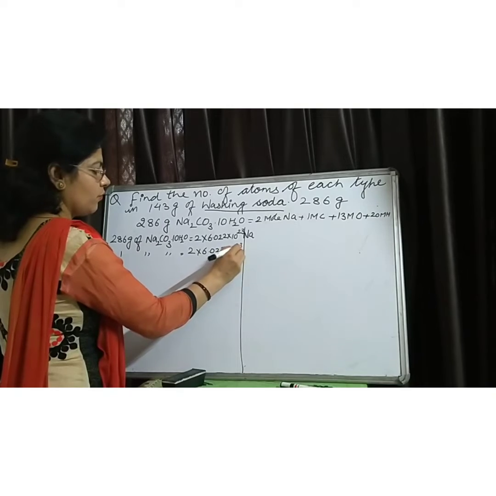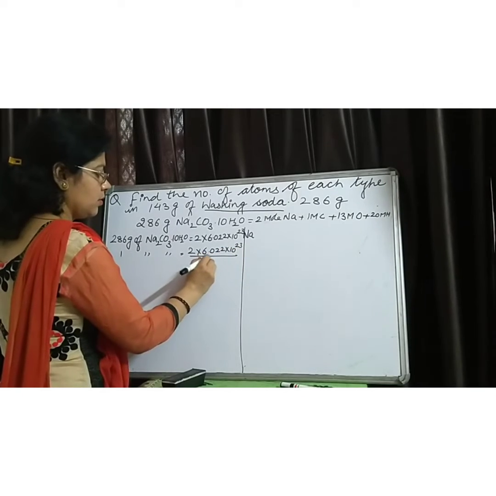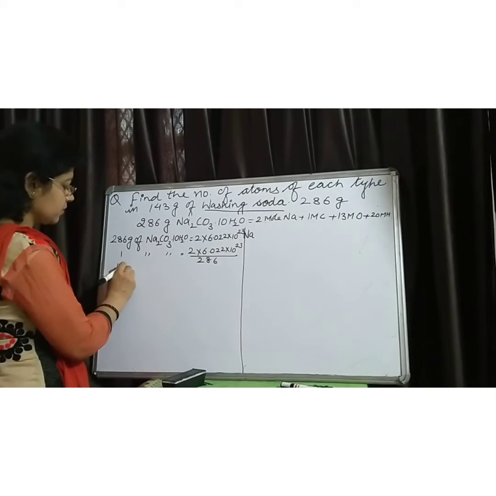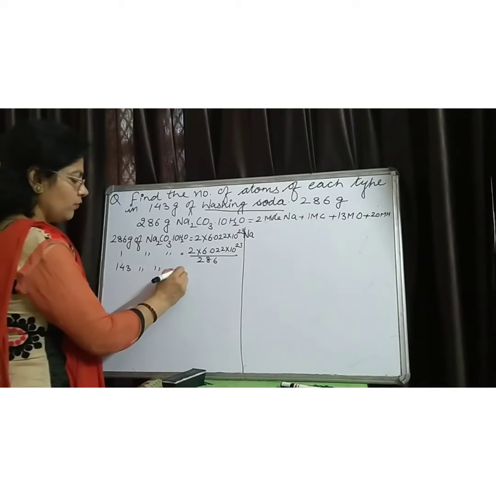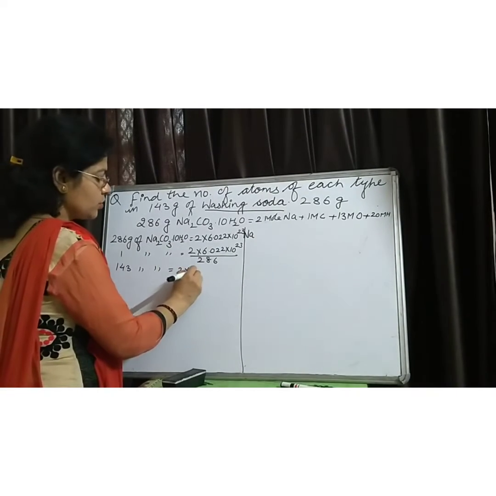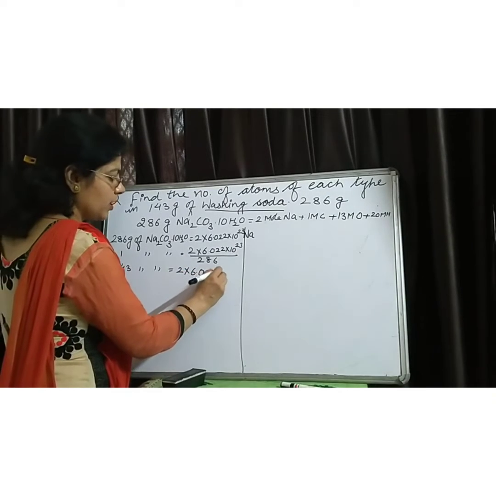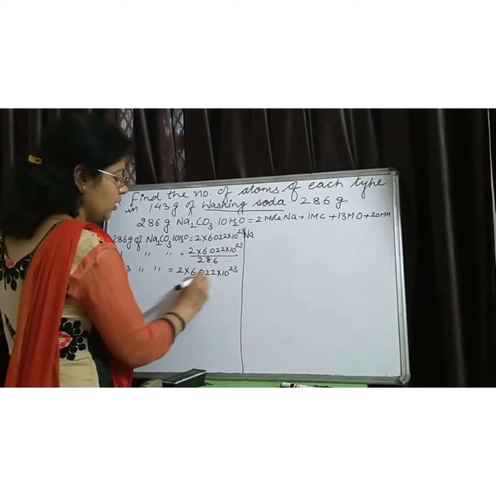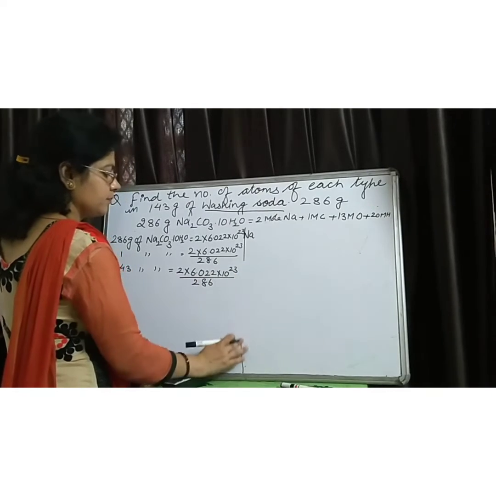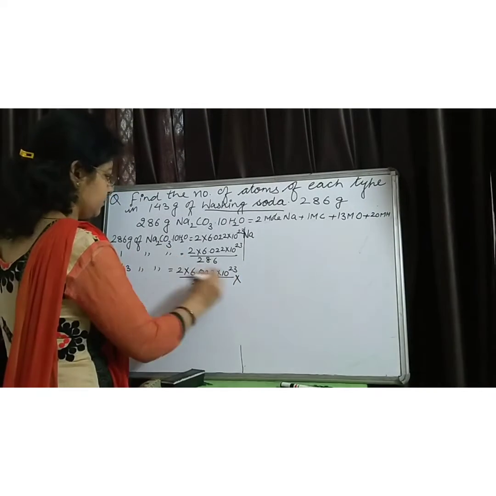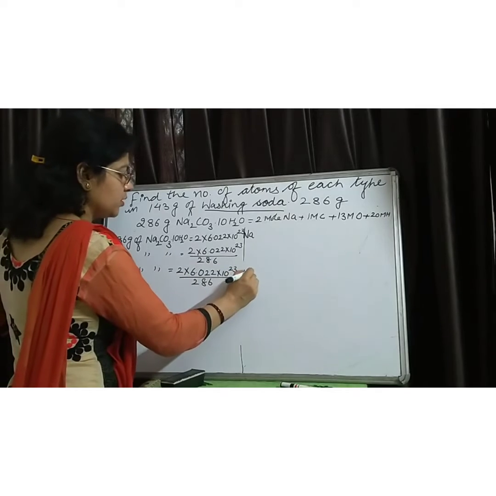Solving this for 143 grams of washing soda, we get 2 into 6.022 into 10 raised to power 23 divided by 286 multiplied by 143.